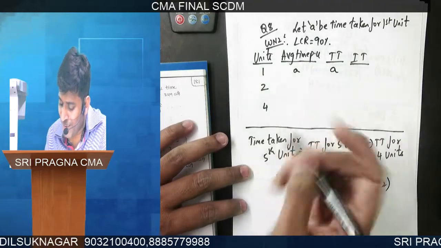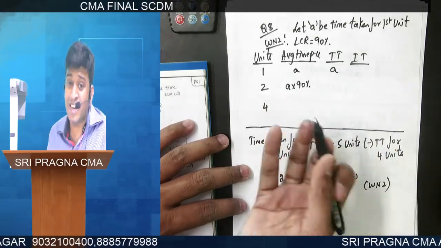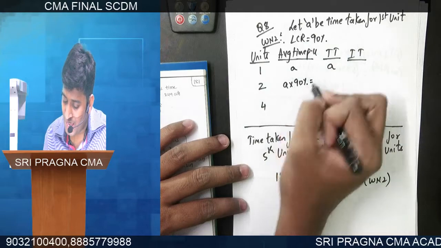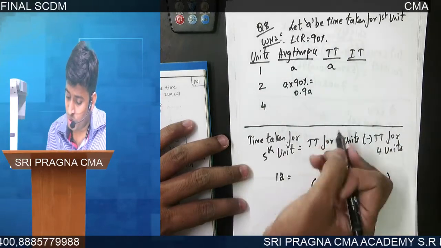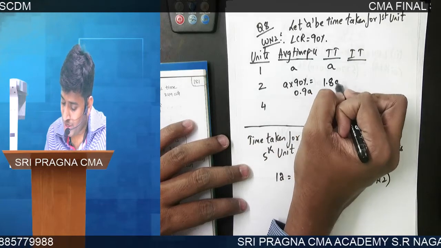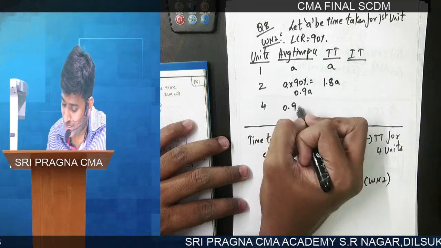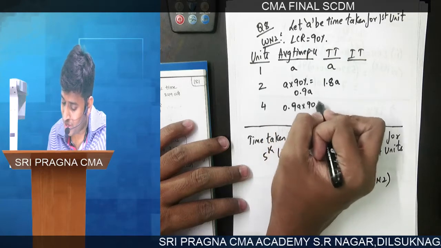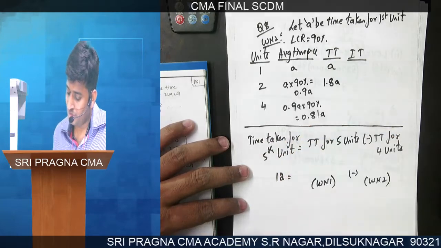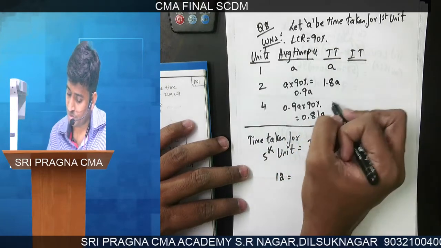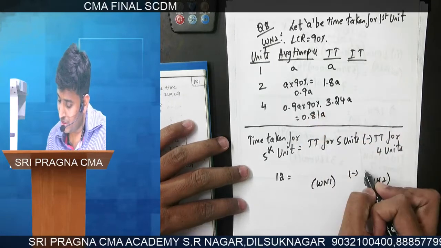A. अब यहाँ क्या लिखते? 0.9 A into 2, 1.8 A. यहाँ क्या लिखते? 0.9 A into 90%, 3.24 వాట్ ఇది వచ్చేసింది.